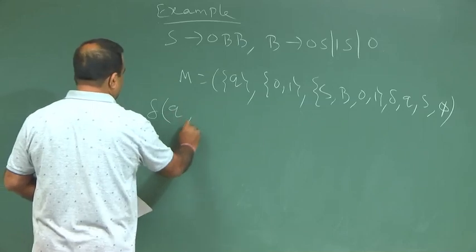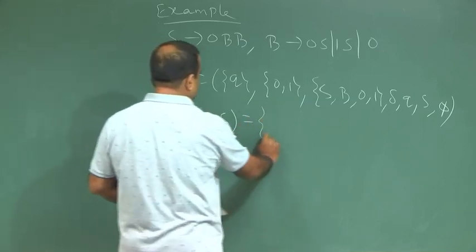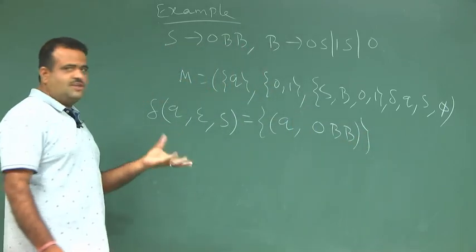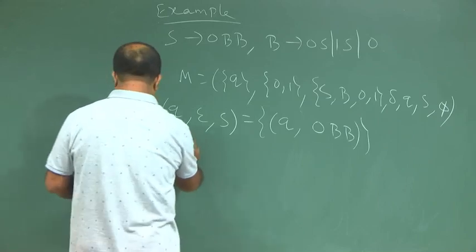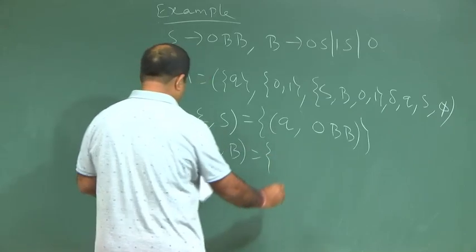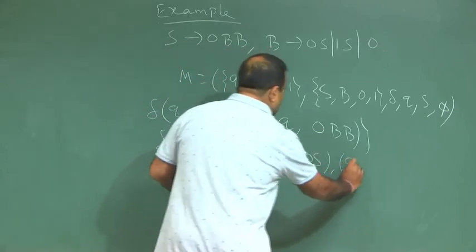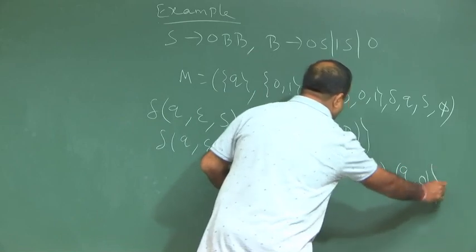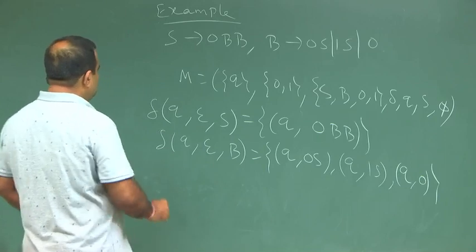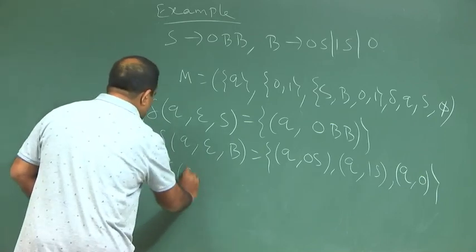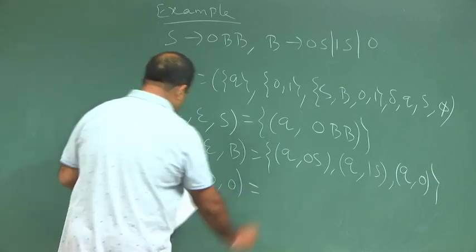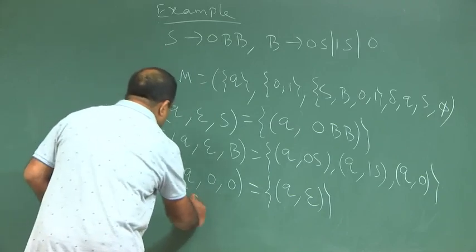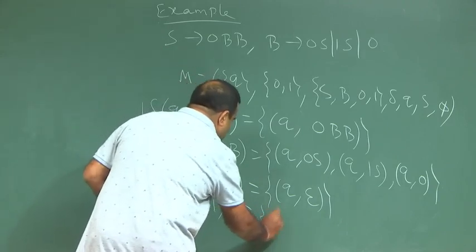So, delta of q, epsilon, S, it is nothing but q comma 0 B B. Now, we are allowed to use the string of terminals and the variables, and delta of q, epsilon, B, which is the same as q 0 S, just the productions will give us this, q comma 0, and q comma 1 S. And for the terminals, delta of q, 0, 0 is nothing but q comma epsilon, and delta of q, 1, 1 is nothing but again q comma epsilon.